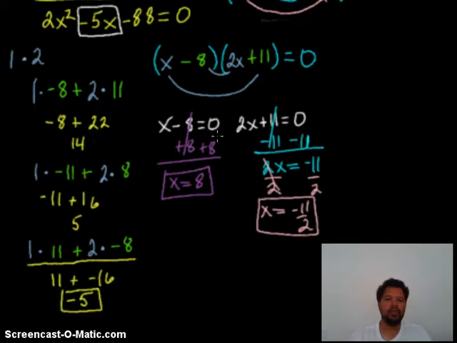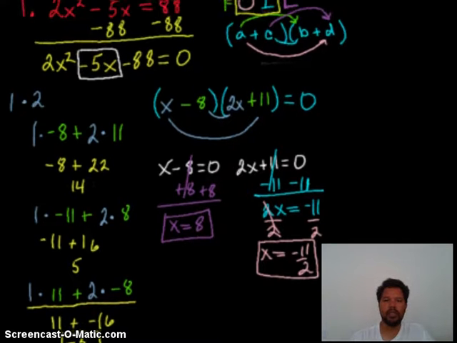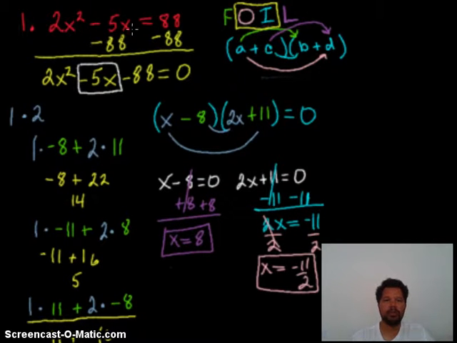Okay, so this trinomial, 2x squared, if we go all the way to the beginning, we first rewrote it so that our trinomial can be equal to 0. Then we had to factor it into two binomials using our unfoiling method, or the FOIL method in reverse, so that we could separate it into our two equations, and then we solved it. And these are our two values of x.